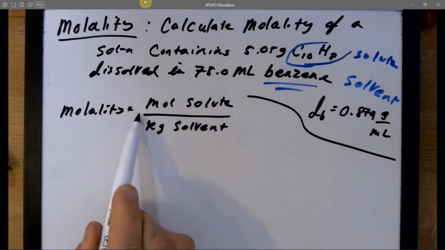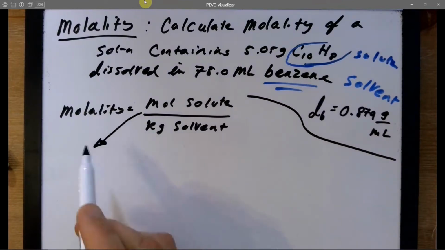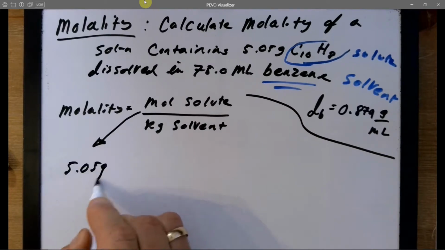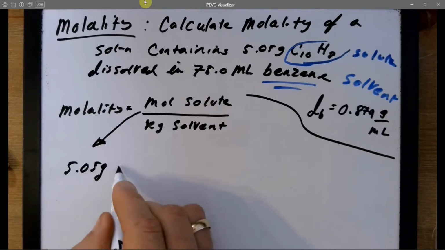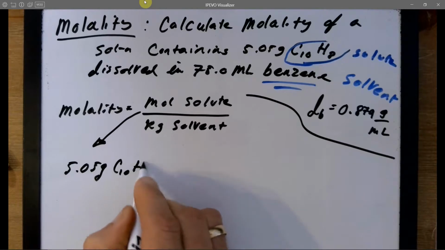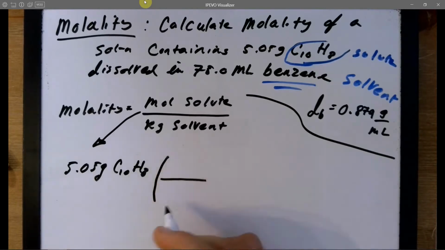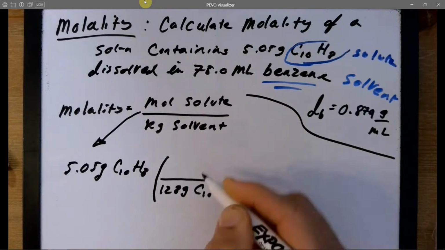Okay, so I need moles of solute and kilograms of solvent. So let's do it in two pieces. The moles of solute, I have 5.05 grams of solute, and I need to convert this to moles. Simple. I just do the regular thing. So this thing, if you calculate the molecular weight, is 128 grams per mole.